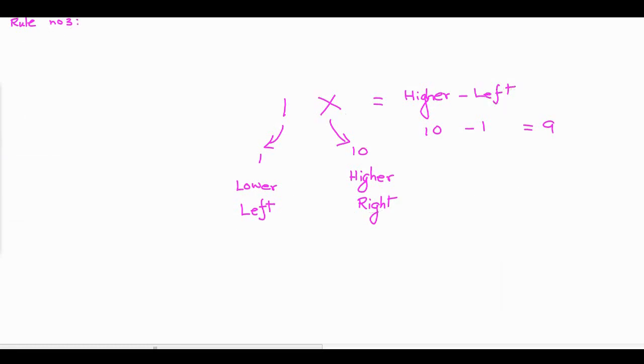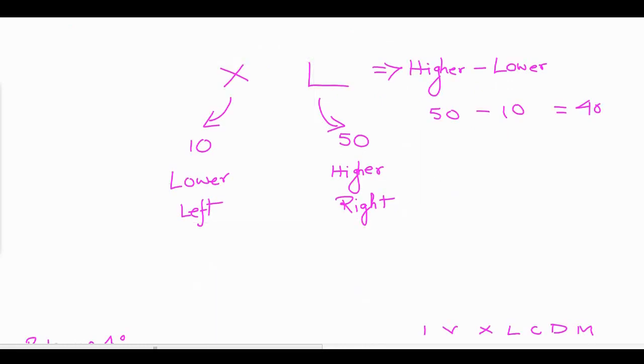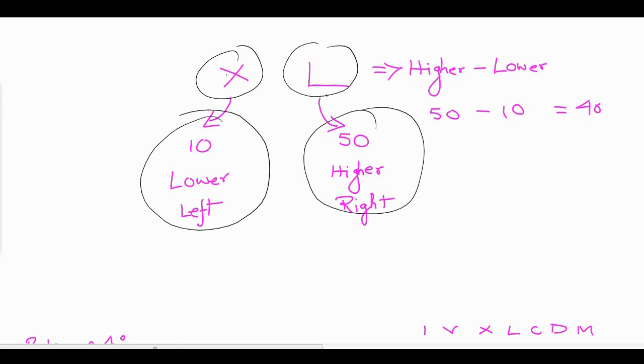With this idea we can write a few numbers. Here is a great example, XL. We are all familiar with this number, XL. Here this one is 10, this one is 50. This one is the higher one, this one is the lower one.